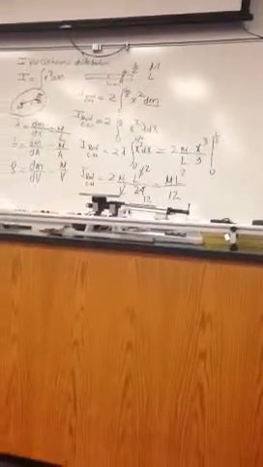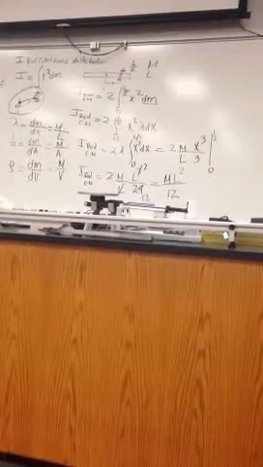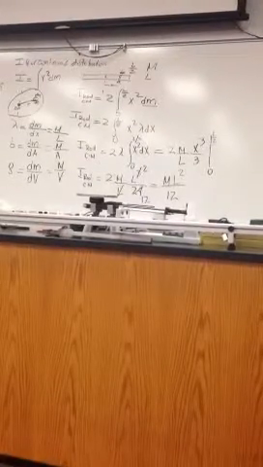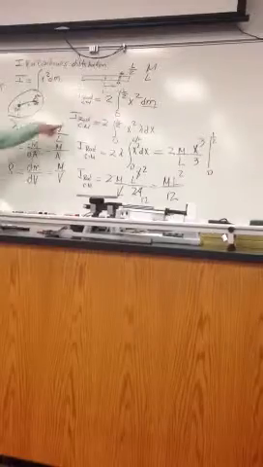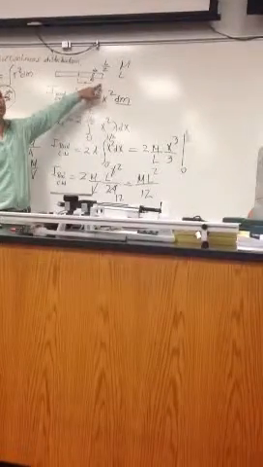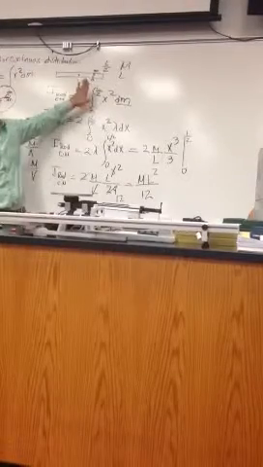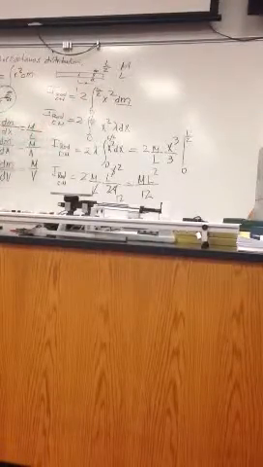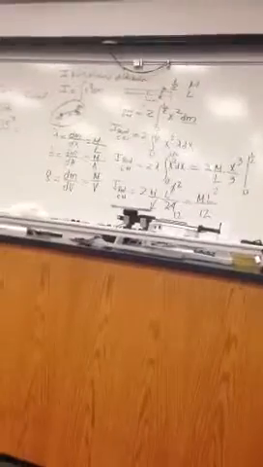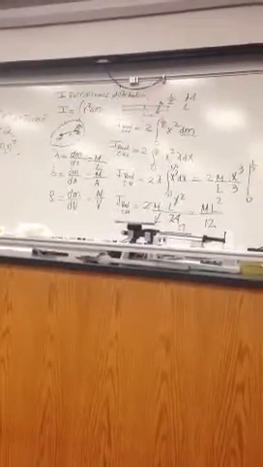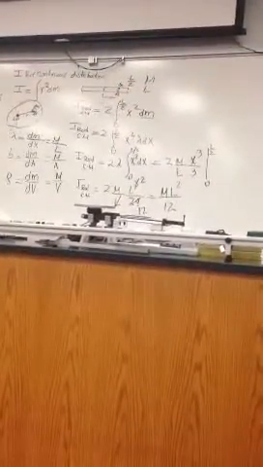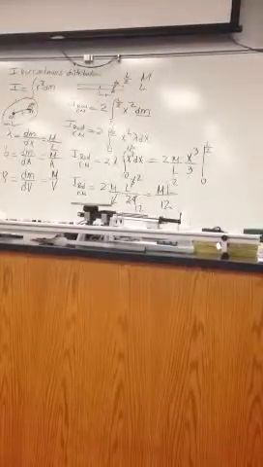Any question? You can also integrate from negative L over 2 to L over 2, and you don't have to multiply by 2. It will be the same thing. What happens to the 3? X cubed over 3.